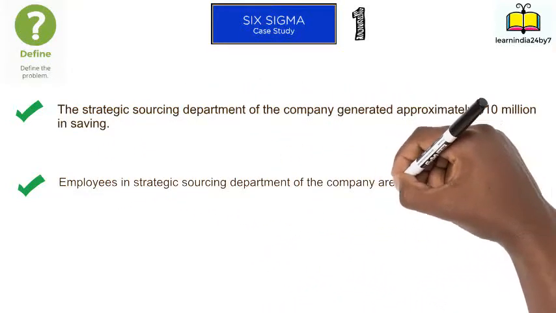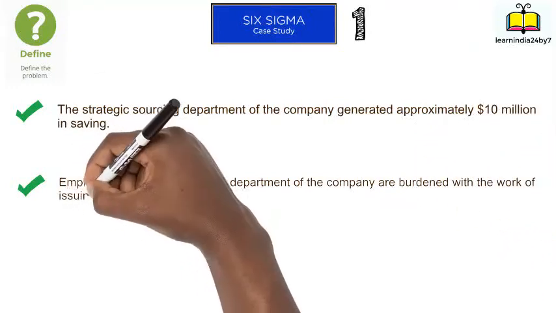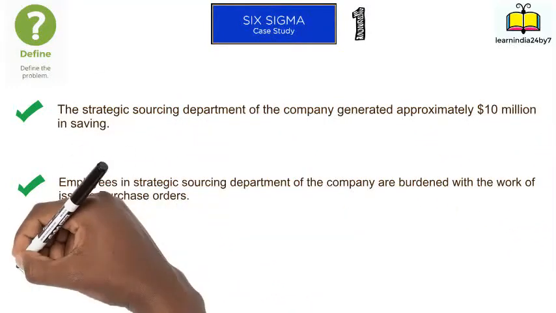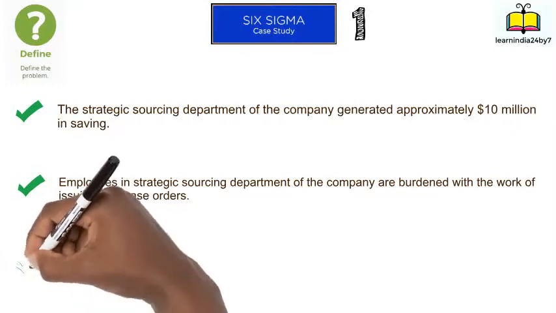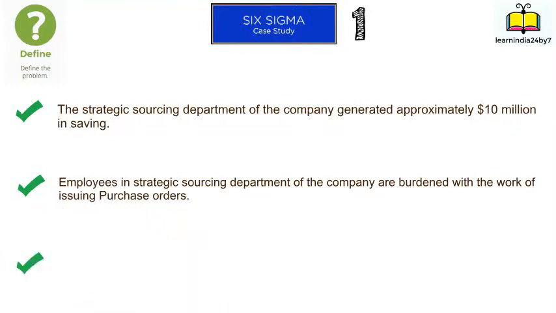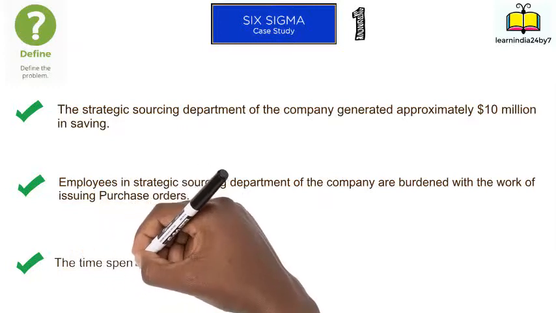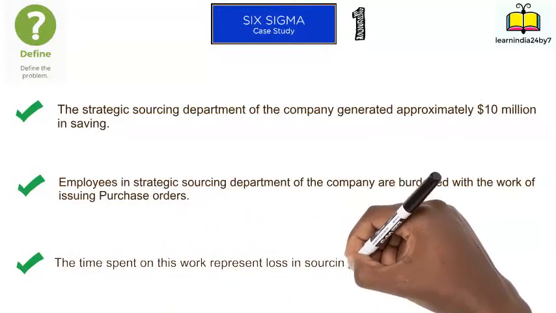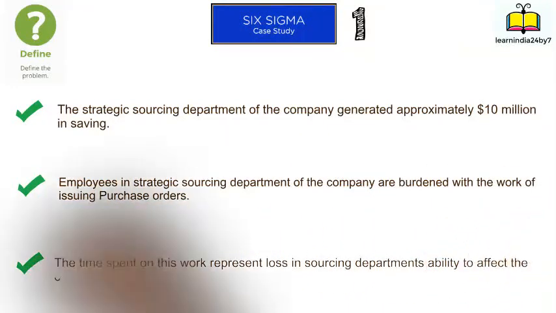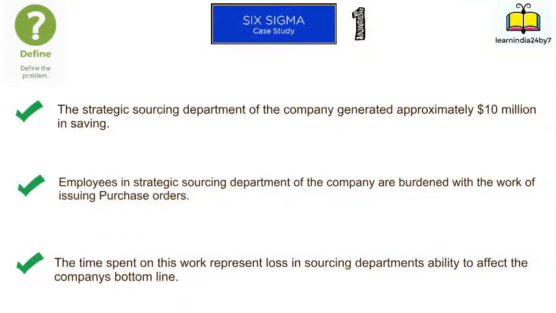Employees in the strategic sourcing department are burdened with the work of issuing purchase orders. The time spent on this work represents a loss in the sourcing department's ability to affect the company's bottom line.